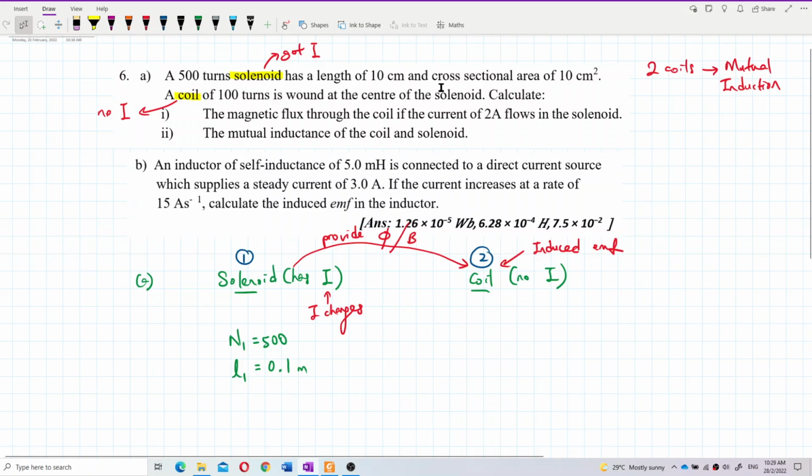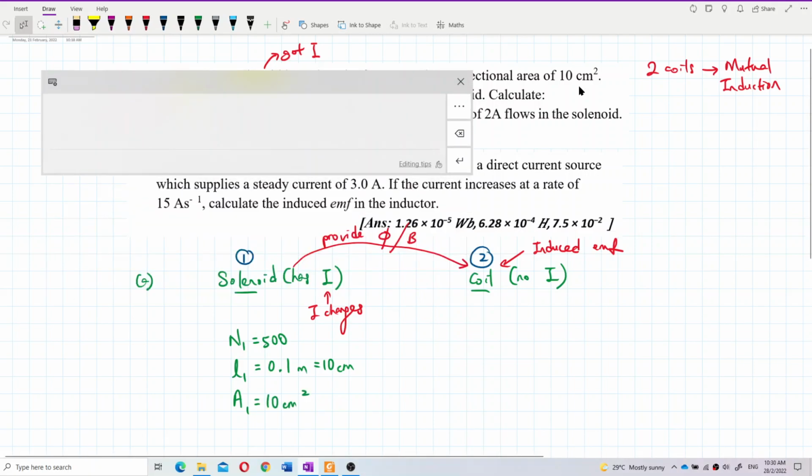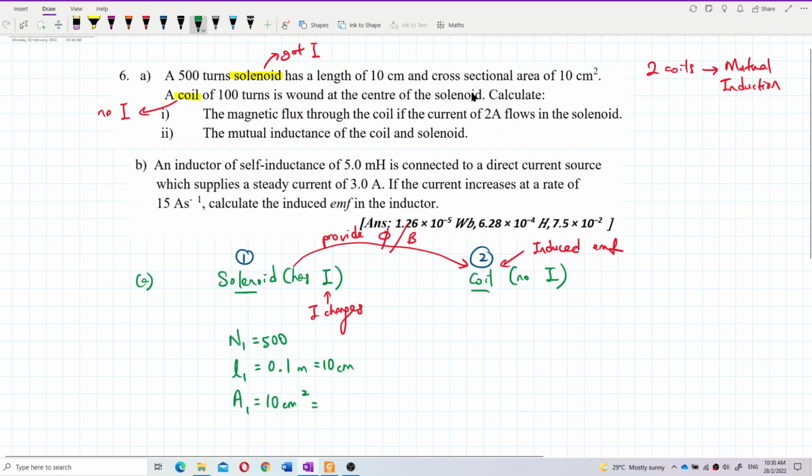Then the cross-sectional area A1 is 10 centimeter square. Centi is 10 to the power of -2, square, you get 10 to the power of -4 meter square.